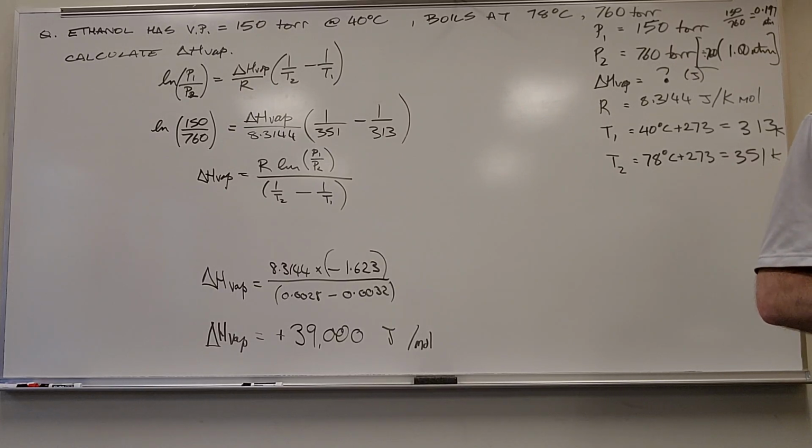Atmospheric pressure is 760 torr, 760 millimeters of mercury. So ice has a vapor pressure of about 1/500th of atmospheric pressure. The vapor pressure at -10 degrees Celsius is 2.965 torr.